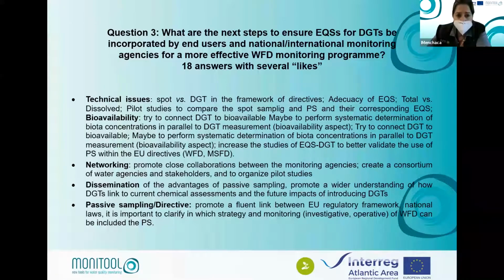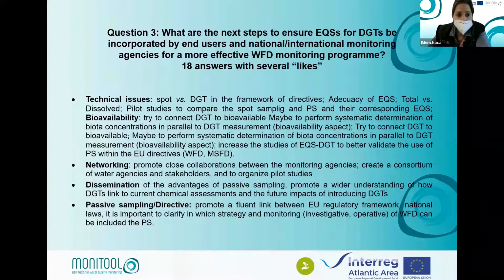The answers were in relation to the different results from the spot sampling and the DGT's results, metal concentration in the framework directives, the accuracy of these EQS values. And some of the answers were in relation to the development of pilot studies to compare these two different technologies and their corresponding EQS.